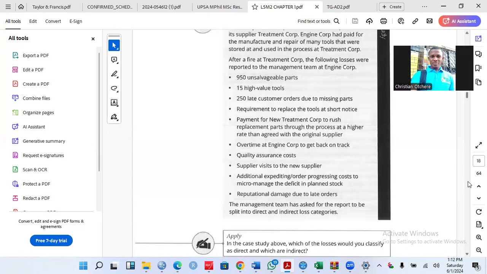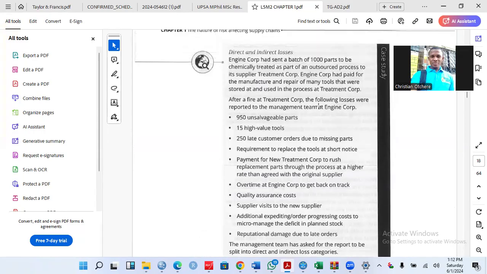Okay, so you have a case here. Kindly work on it. We are going to differentiate direct losses from indirect losses. So distinguish between the direct losses and indirect losses. Engine Core had sent a batch of 1,000 parts to be chemically treated as part of an outsourced process to its supplier, Treatment Core.